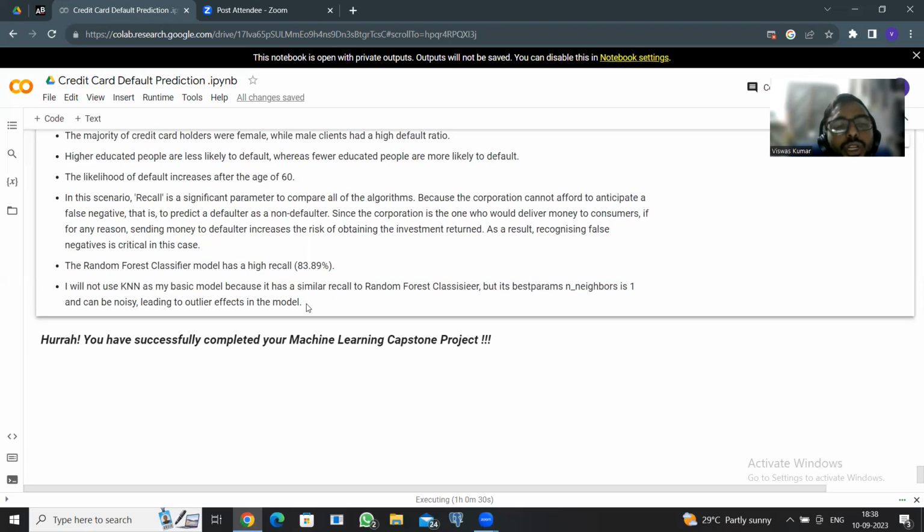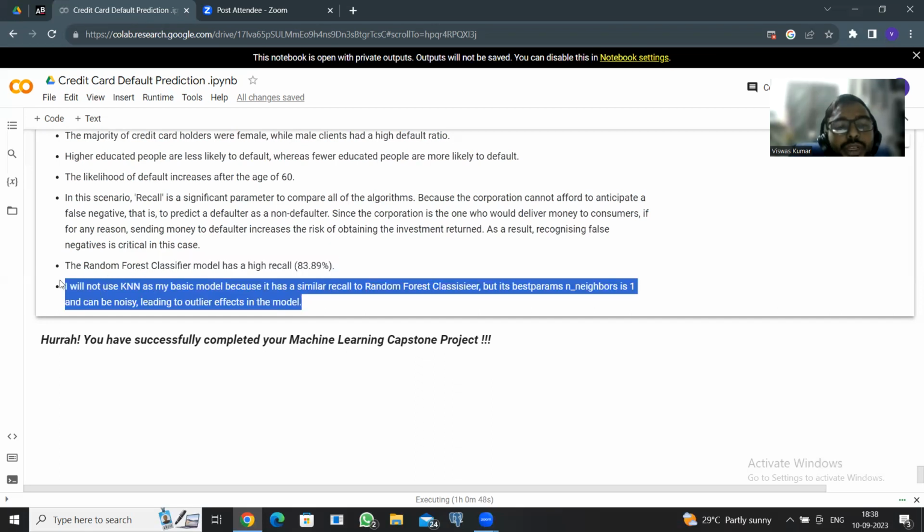So it is more likely to be used for R&D problems or mechanical design problems which have small data sets, and we cannot use it in financial risk analysis. So I will not use KNN.